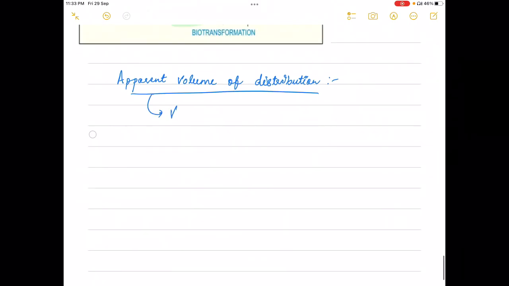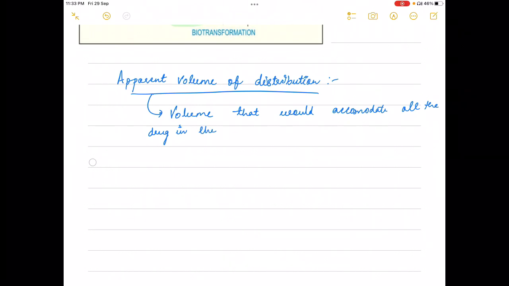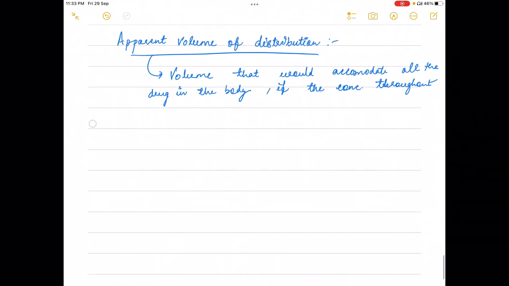It is the volume that would accommodate all the drug in the body if the concentration throughout was the same as in plasma.